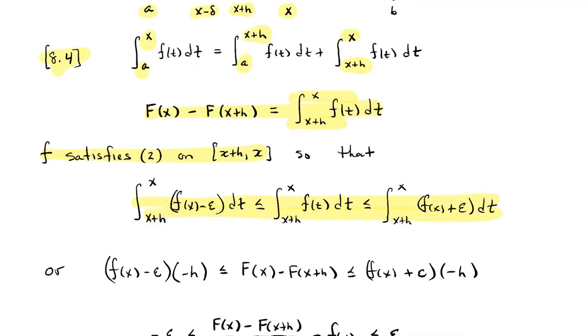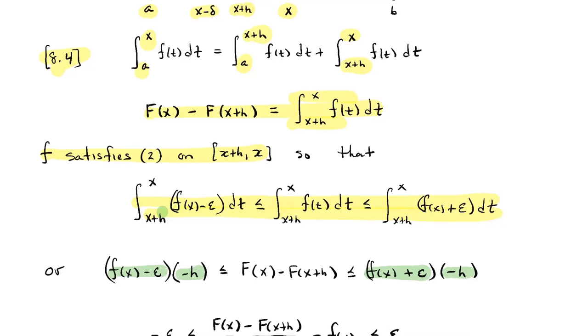Use your homework again. So this time I've got the constant function f of x minus epsilon over this interval from x plus h to x. Its width is the opposite of h. Remember, h is less than 0, so the opposite of h is a positive number, so that's the width of that, x minus x plus h. Same thing over here. Constant is f of x plus epsilon times the width.